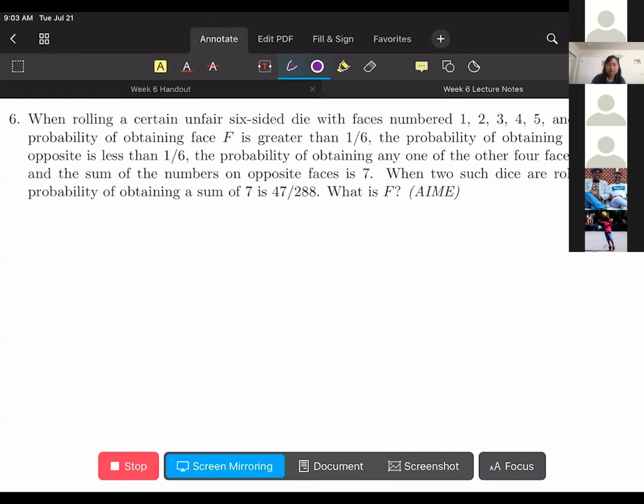All right. Maybe we could start by just writing out the pairs of the numbers that form 7 and try to assign probabilities to these numbers, but like greater than or less than 1/6.